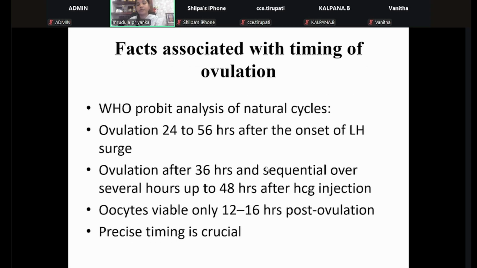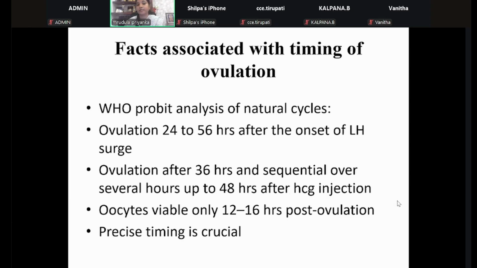Then the facts associated with the timing of ovulation. This is a WHO analysis where they analyzed a lot of patients in natural cycles and came up with these conclusions. Ovulation happens 24 to 56 hours after the onset of the LH surge. After an HCG injection, ovulation happens sequentially over several hours, at around 36 to 48 hours.